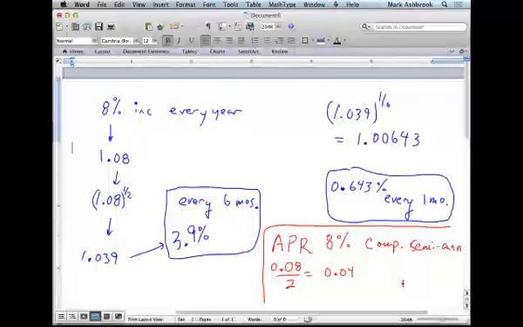So you're going to make 4% every 6 months, not 3.9. But from here on out, we follow the rules. Now we want to find what you're going to make in a year. This is a 4% increase per 6 months.